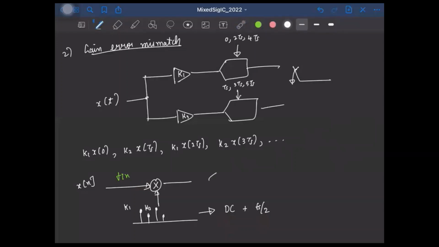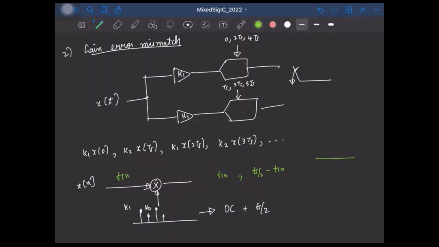So at the output, what you will have is two tones. One, fin will be shifted around DC, which is the same. So you'll have fin. So let me show it in green. We'll have one at fin. And you'll also have this fin shifted around fs by 2, right? So we'll have fs by 2 minus fin. Okay.